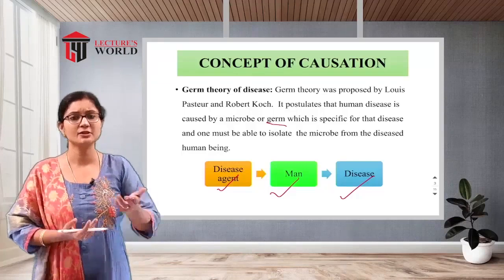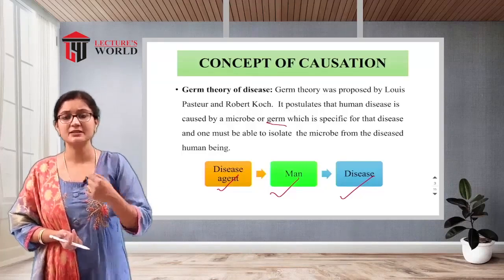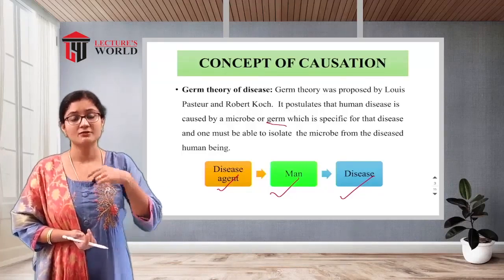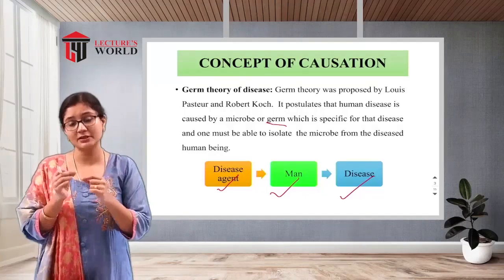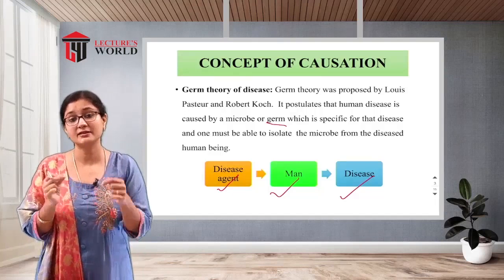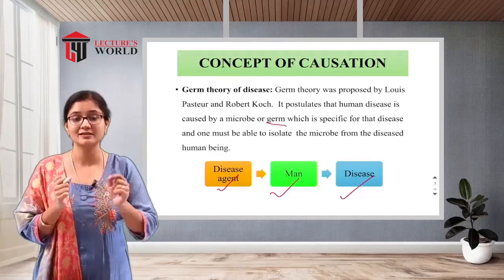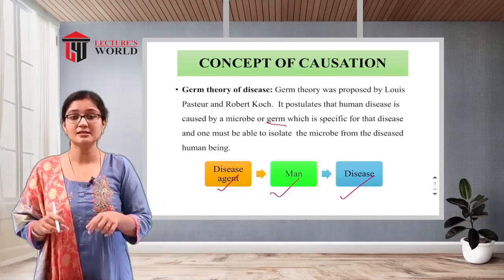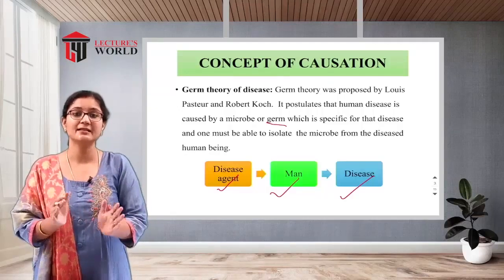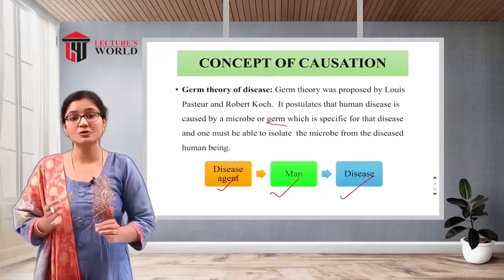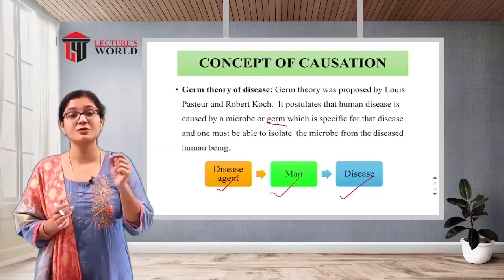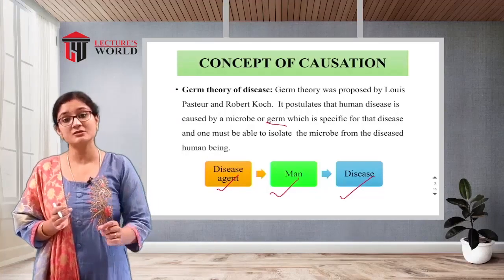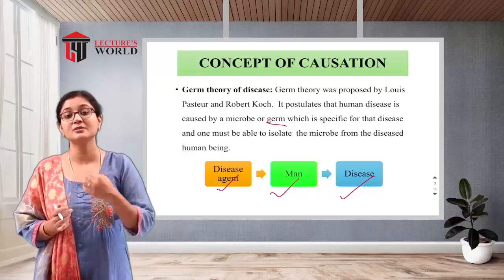Not only blood, for example for COVID also, we take a swab, an oropharyngeal swab or nose swab, and then we see whether that particular virus is there or not, and then we say yes, you are COVID positive. They had this restricted concept. But a person getting a disease is not only related to the microorganism, it is also related to the environment and the human being's immunity.